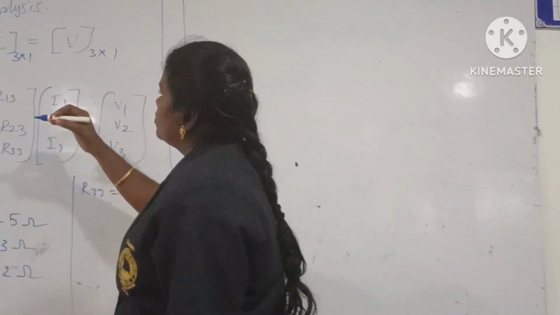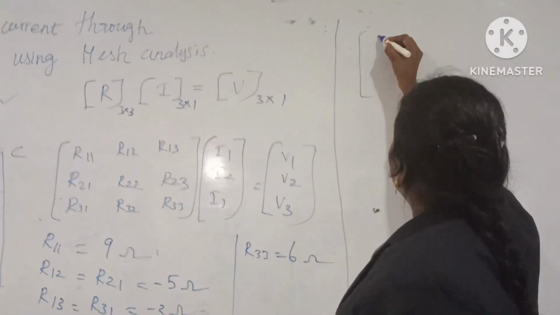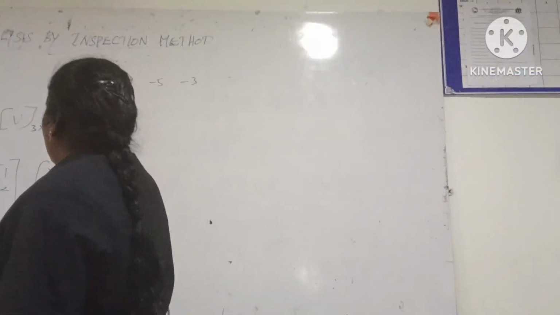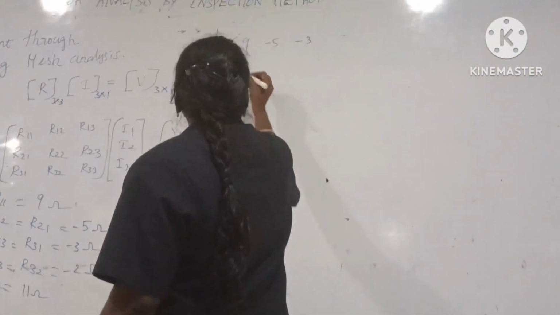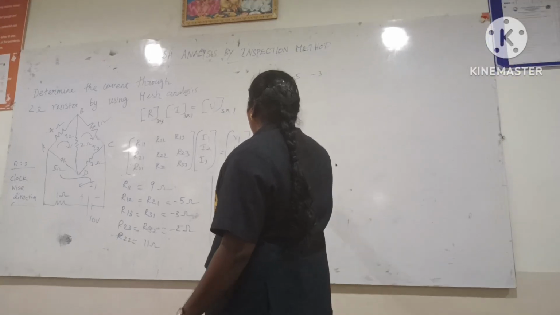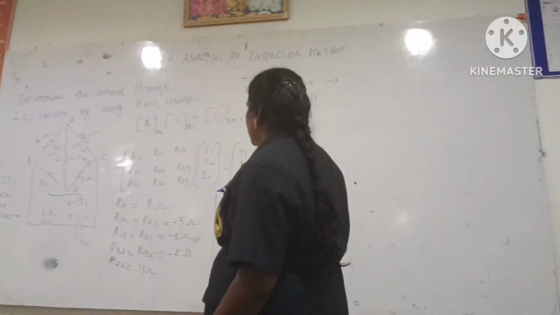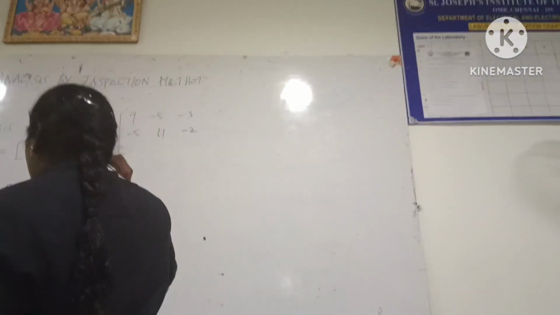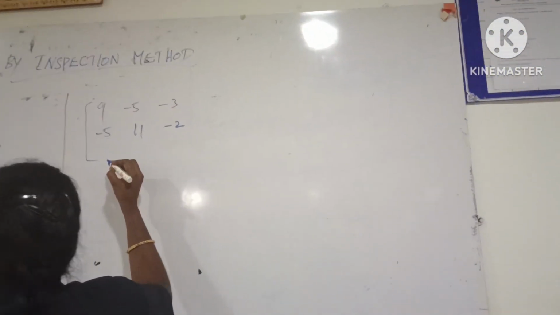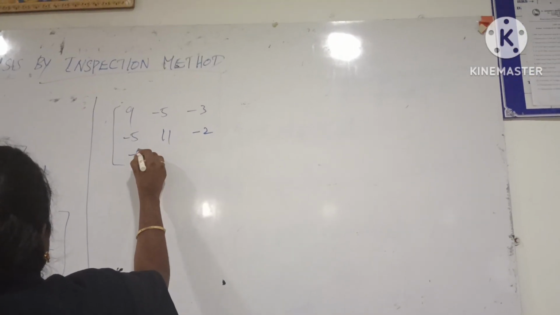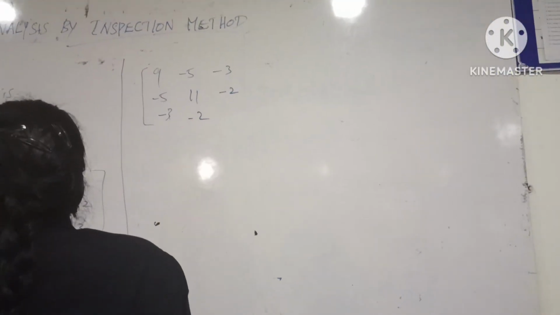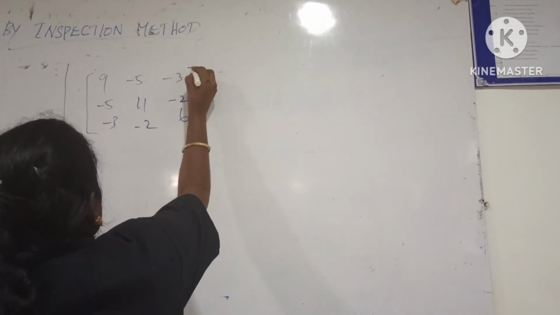So now find the matrix equation for this mesh analysis. R11 is 9, R12 minus 5, R13 minus 3, R21 minus 5, R22 11, R23 minus 2, then R31 minus 3, R32 minus 2, then R33 6 ohm.